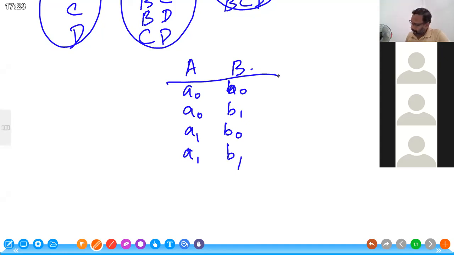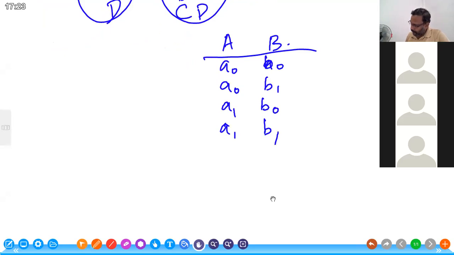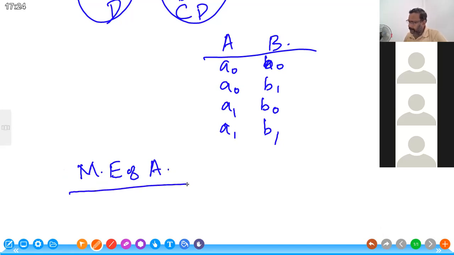All right. So here, if I want to find out the main effect, I will put it as ME, main effect of A. How can we say?